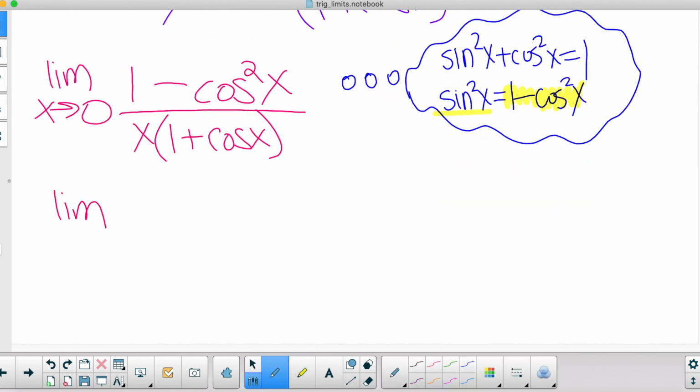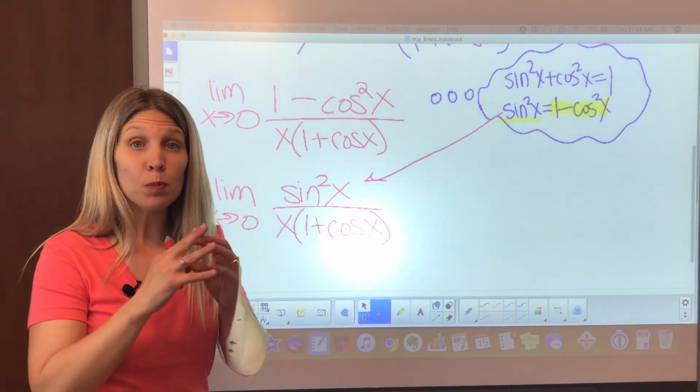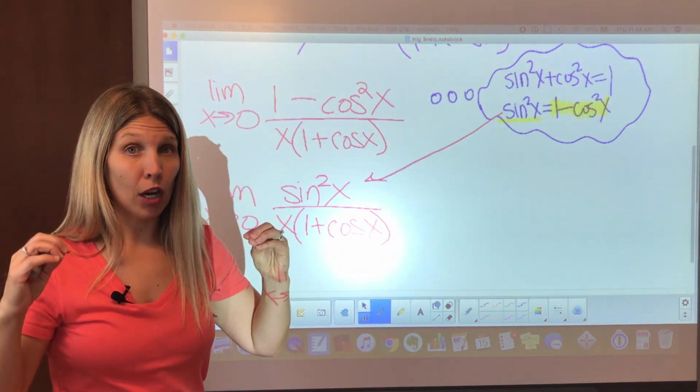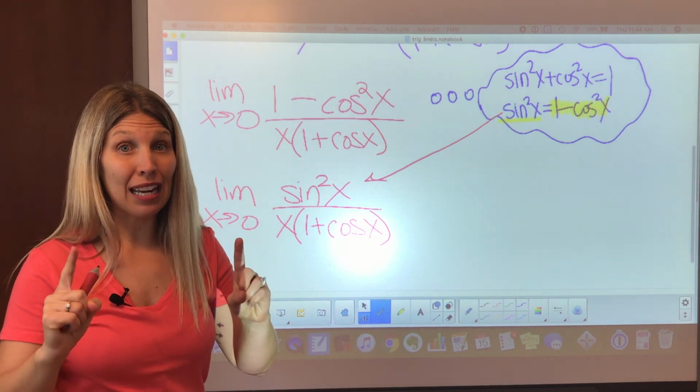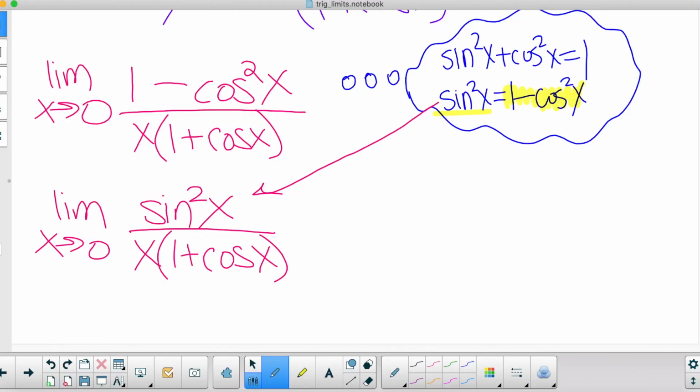So now we're going to substitute in the limit as x goes to 0. Our numerator is sine squared x, right? That's from this little doozy over there. All over x times 1 plus cosine x. Now what we can do is pull apart that numerator into 2 sine x's. So then we have a property with that x in the denominator.